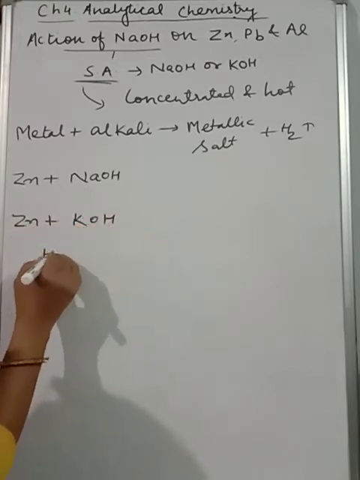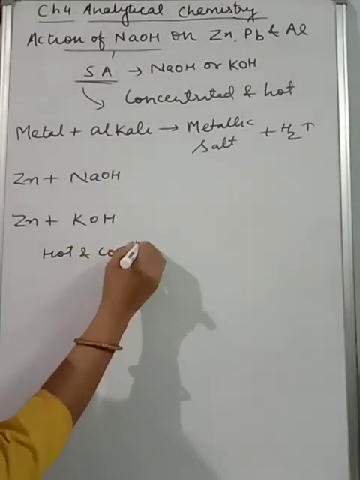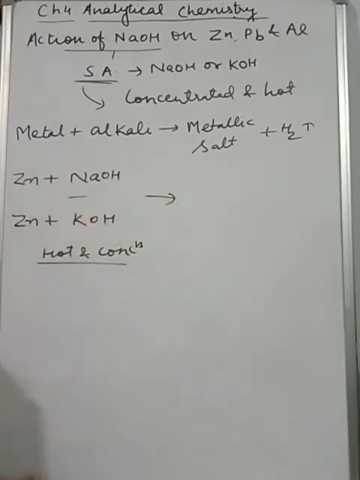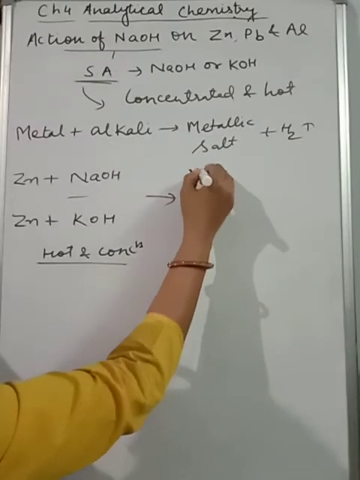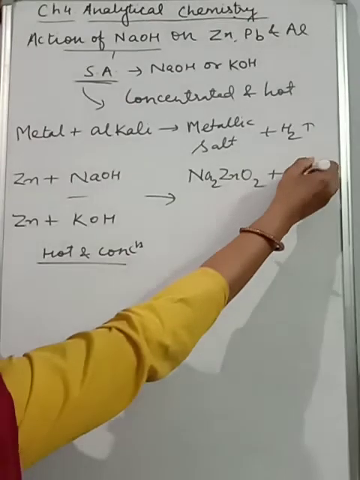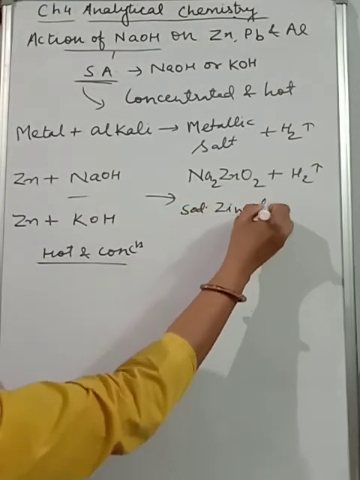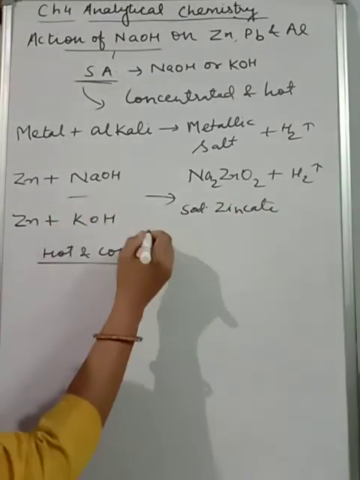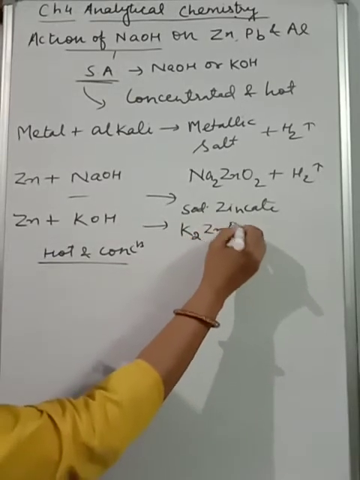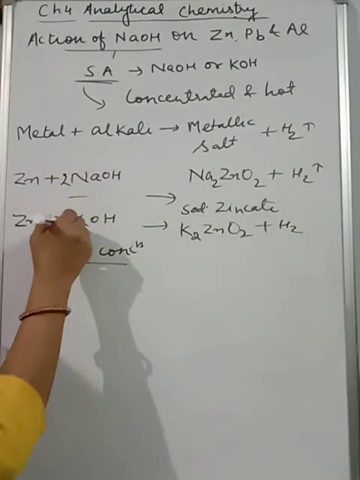The condition is only one: hot and concentrated. You must write it in both places. Then you will get the salt Na2ZnO2 plus hydrogen gas. This is sodium zincate. And when you opt for KOH, you will get the same thing in the form of potassium zincate. You take care of your balancing part, children.